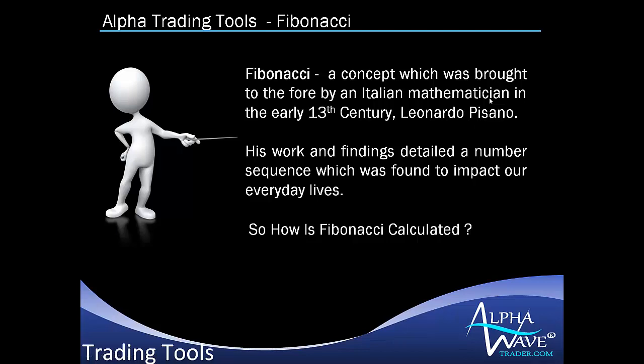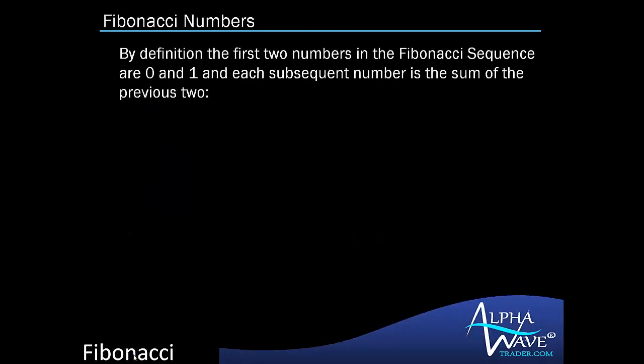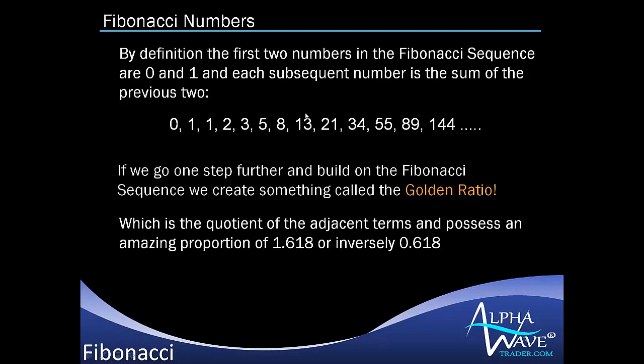Fibonacci was discovered by Leonardo Pisano in the 13th century. His work and findings are phenomenal and detail a phenomenal symmetrical golden ratio, which impacts everything that surrounds us. So how is it calculated? That's the magic.